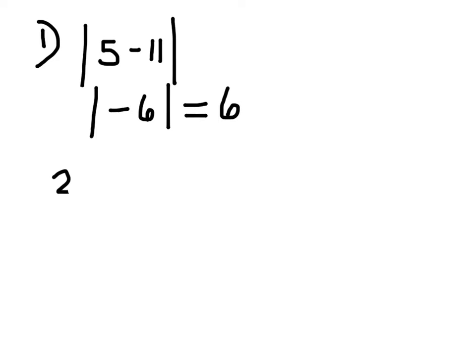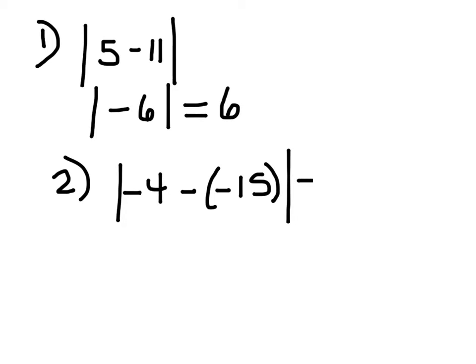As well, problem number 2: the absolute value of minus 4 minus minus 15. First of all, we do what is inside the absolute value, simplifying, and that will be minus 4.